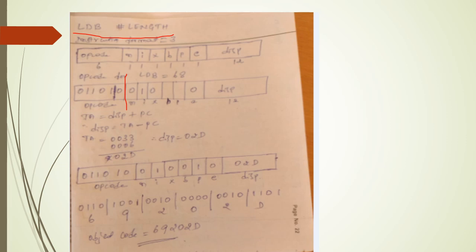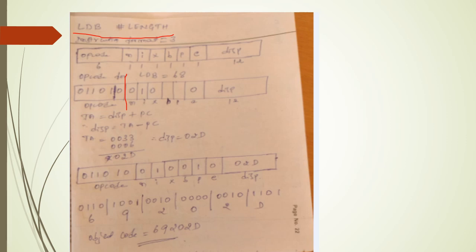It is not indexing, therefore x is 0. We don't know whether it is base relative or PC relative, so b and p are not decided at this point. It is not an extended format instruction, not format 4, so e is 0. Then the displacement.